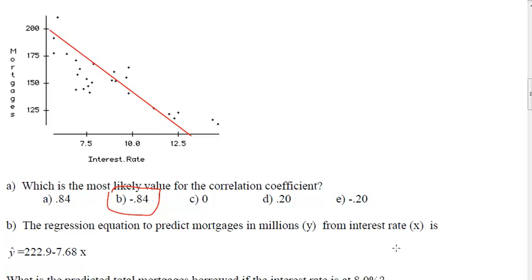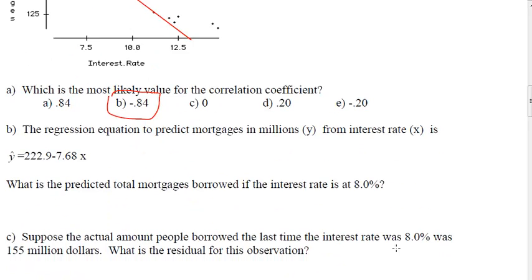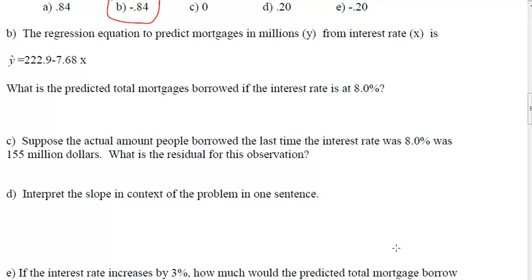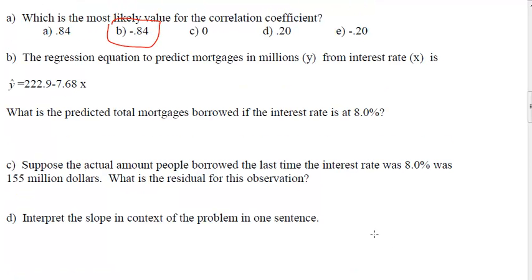All right, so the next question, we're given the regression equation. And so we're predicting mortgage rates in millions. That's the response variable, from interest rate. So the second question on this page, we want to know the predicted mortgage borrowed if the interest rate is 8%.